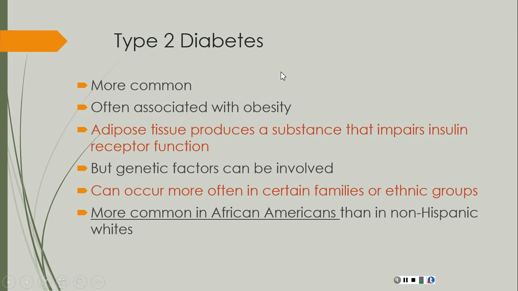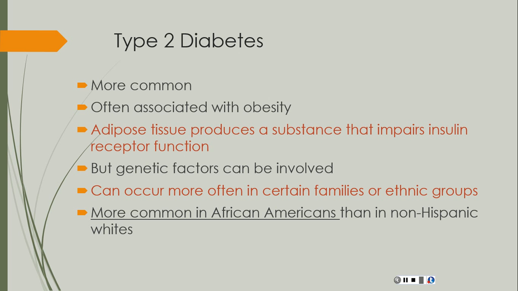Type 2 diabetes, again, is much more common. It's often associated with obesity. What's thought to be happening here is that the adipose, or the fat tissue involved with obesity, actually produces a substance that impairs insulin receptor function. In other words, it can produce insulin, but the target areas can't receive it.